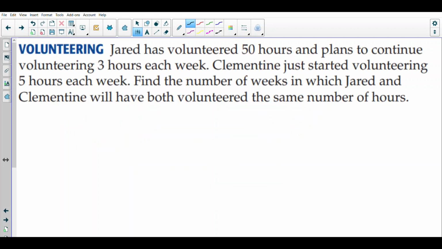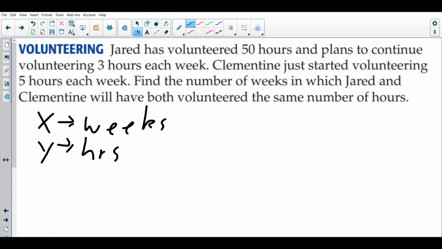Okay, so there we go. Now, Jared has volunteered 50 hours and plans to continue volunteering 3 hours each week. Clementine just started volunteering 5 hours each week. Find the number of weeks in which Jared and Clementine will have volunteered the same number of hours. They're not giving us the equation, so I'm going to say x represents the weeks and y represents the hours.